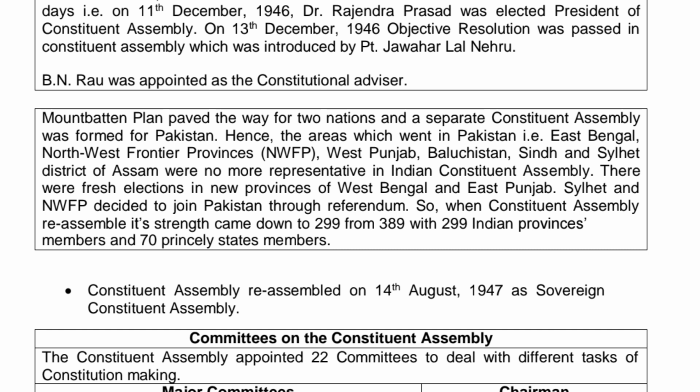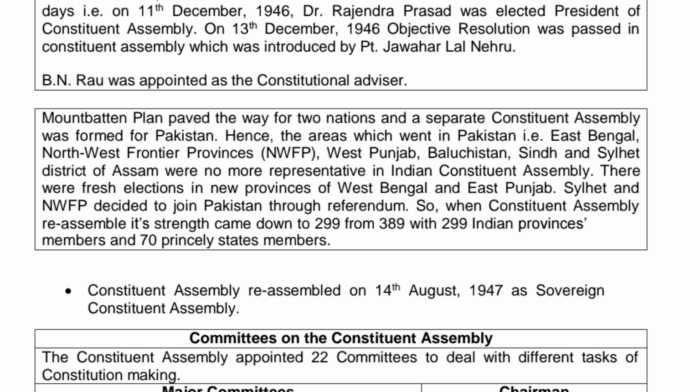So Mountbatten here paved the way for the two nations, and a separate constituent assembly was formed for Pakistan. Hence, the areas which went to Pakistan, that is, East Bengal, Northwest Frontier Province, that we call NWFP, right, West Punjab, Baluchistan, Sindh, and Sylhet district of Assam were no more represented in India's Constituent Assembly.